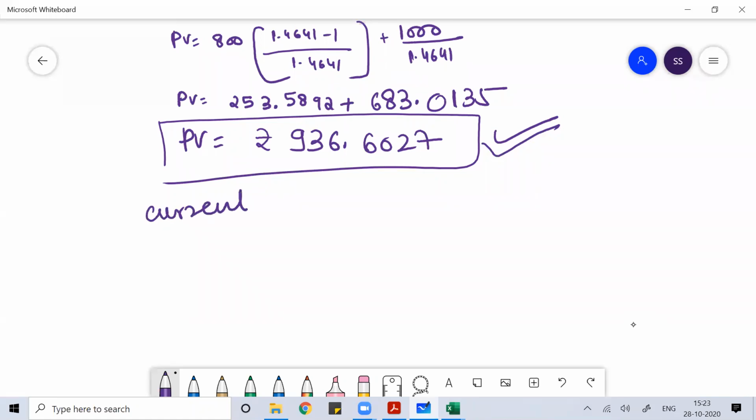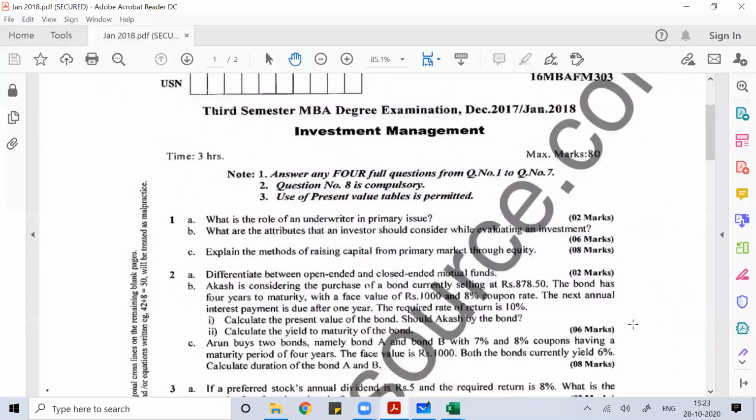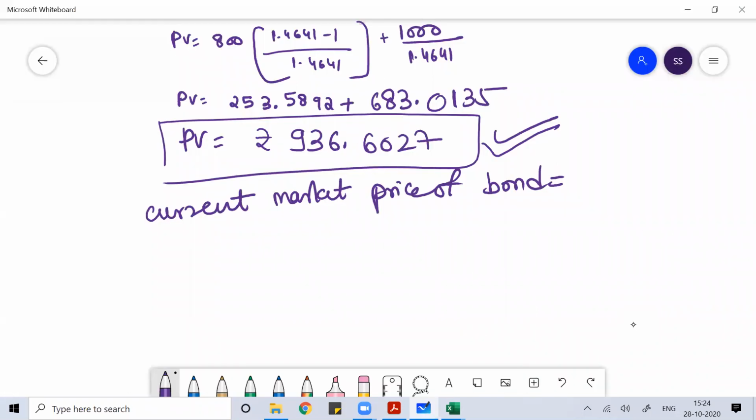And the current market price of the bond is equal to 878.5, is equal to 878.